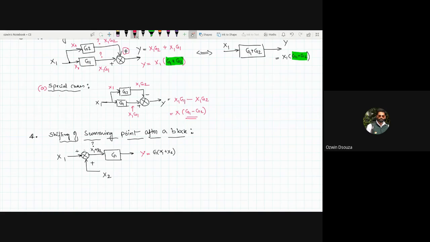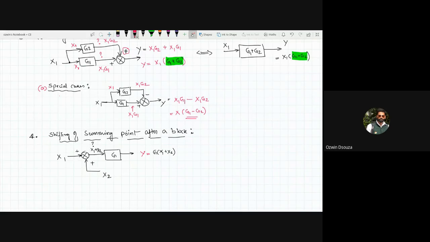Sometimes in block diagram reduction, we see that if you can shift the summing point behind a block, then we will get some easy reduction rules. For that reason, you will have to understand this particular rule. You will understand when you try to solve a bigger block diagram.